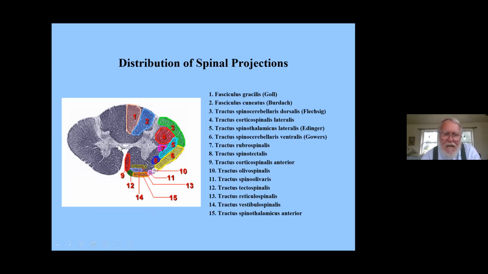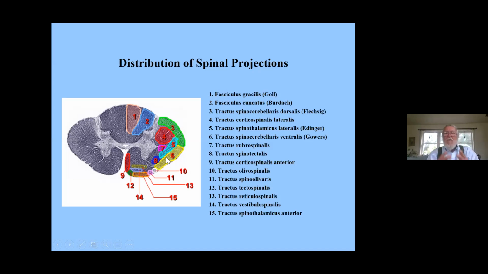Whereas the anterior spinocerebellar tract is going to be formed from the contralateral columns of Clark, and it'll cross the anterior white commissure.